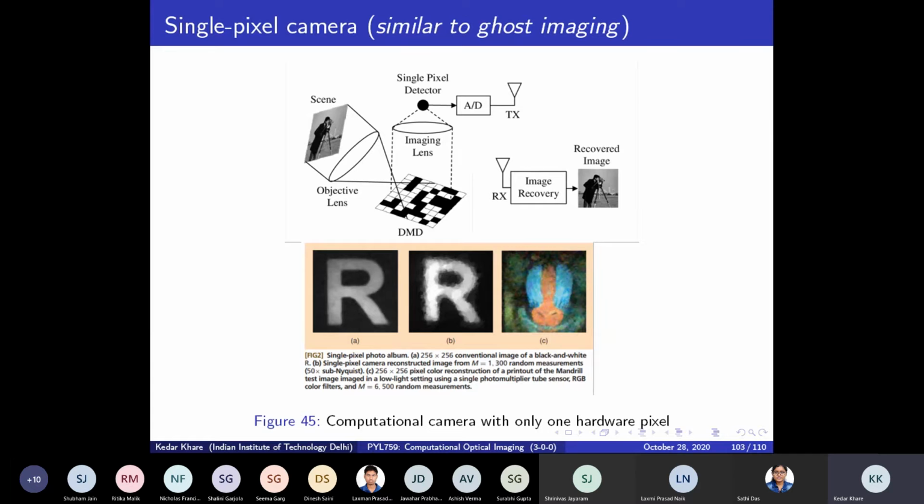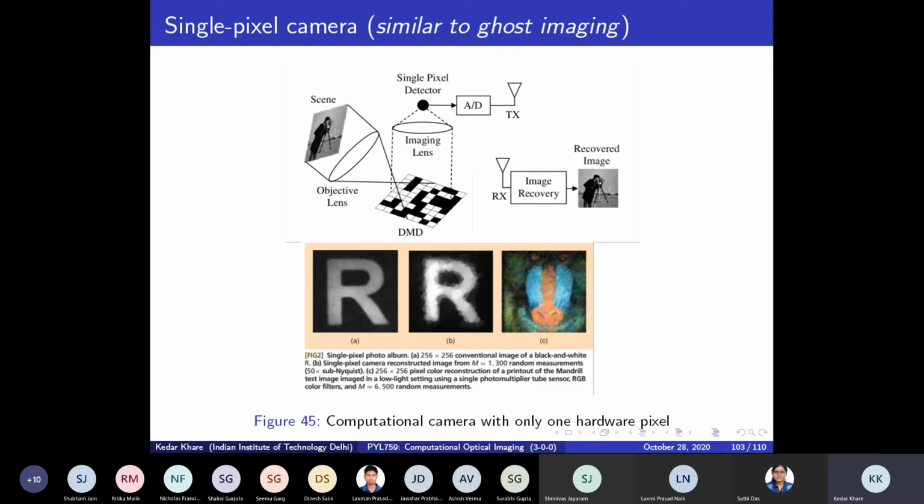But here you see that I'm not really scanning all the pixels. What I'm measuring are these scalar products, and the number of scalar products, which is about 50 times less than the number of pixels, is still able to give a reasonable picture, not accurate, but maybe sufficient for the application I'm doing.